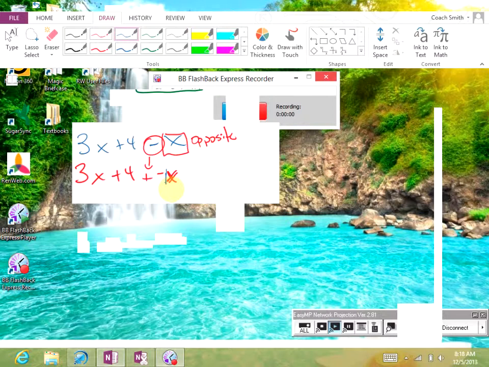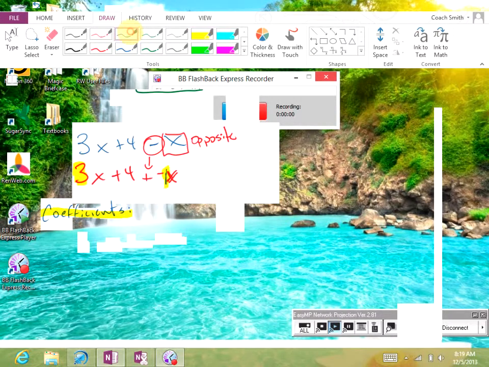As we look at this problem, I want to list the coefficients. The coefficients in this problem are there and there.